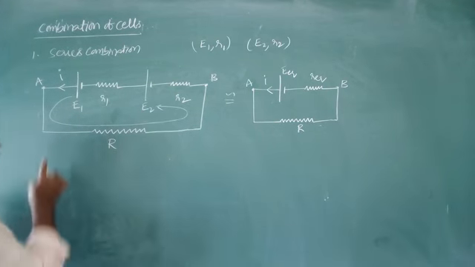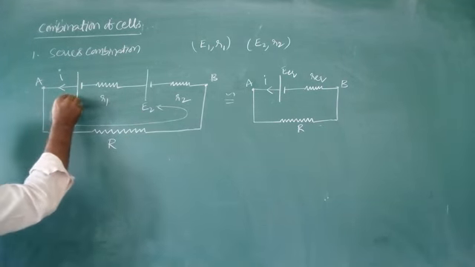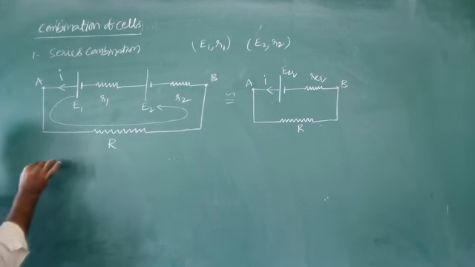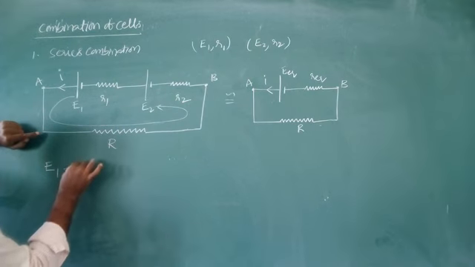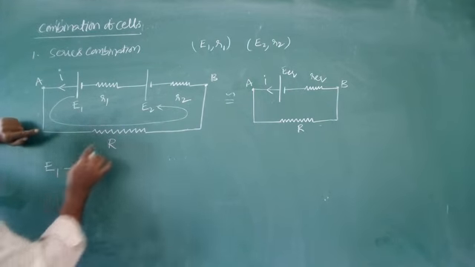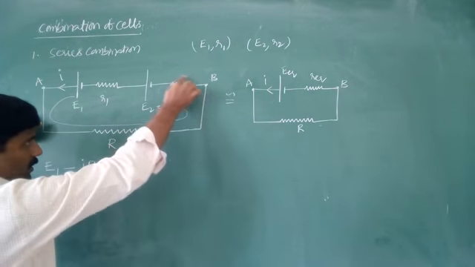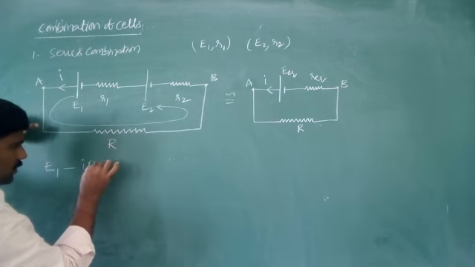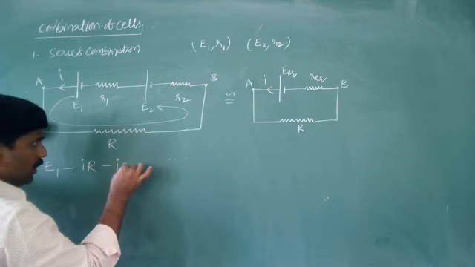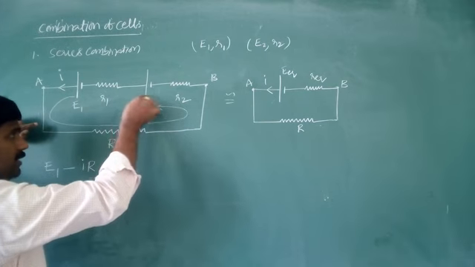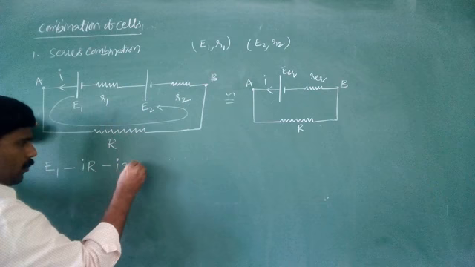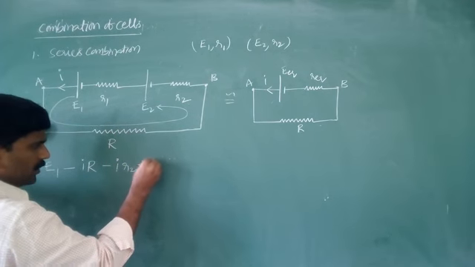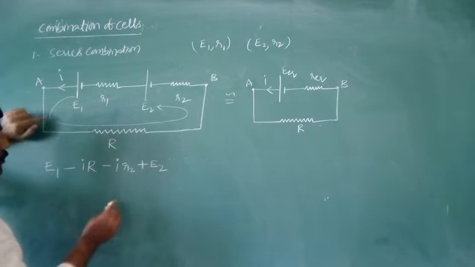I am starting from the positive terminal of the first battery, E1. Potential drop across this internal resistor is I into R1. Potential drop across the second internal resistance is I R2. Moving from the lower potential to the higher potential, the potential increases, therefore that becomes plus E2.